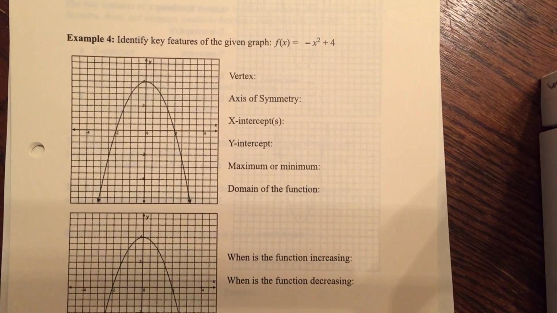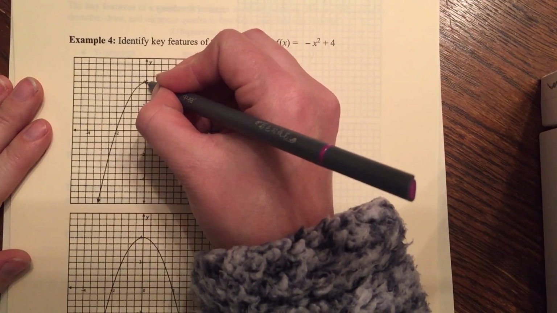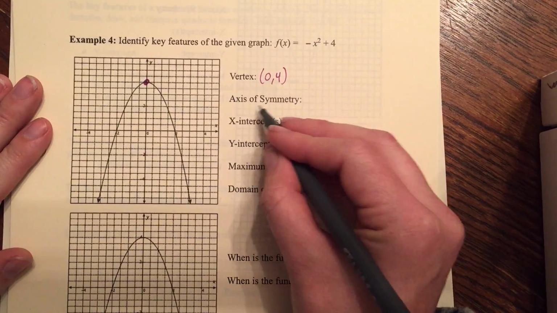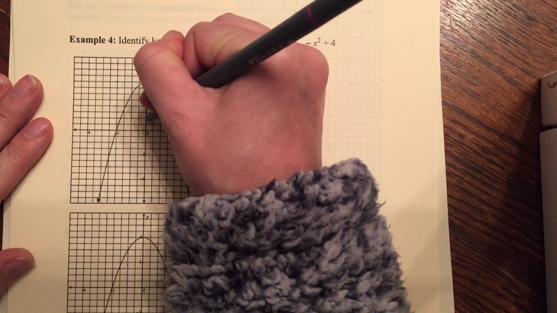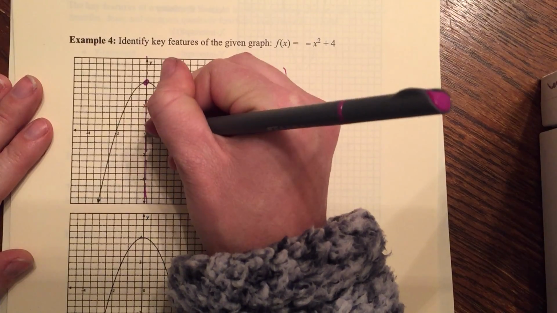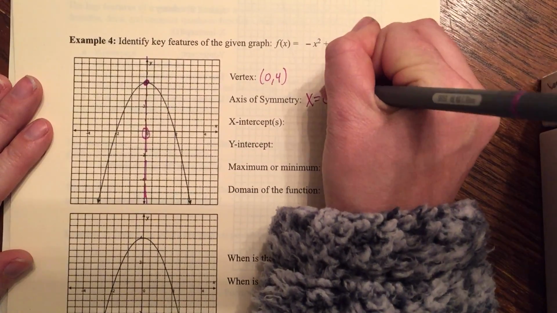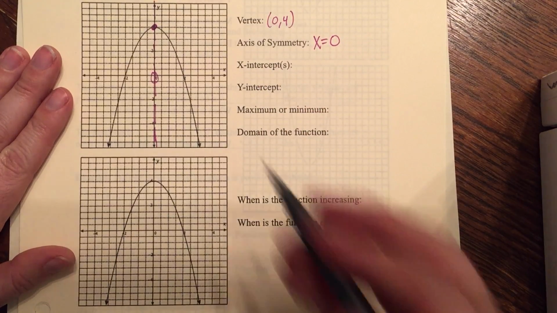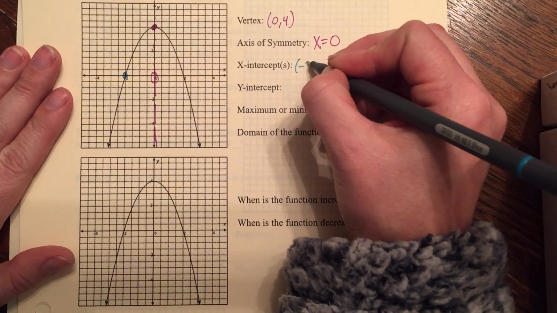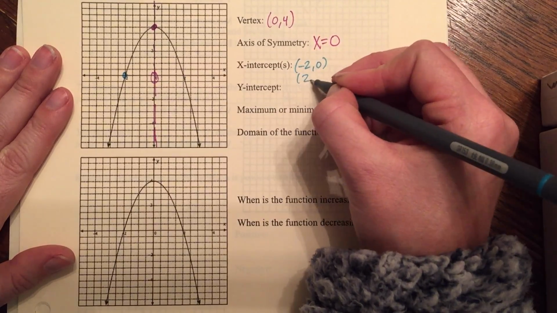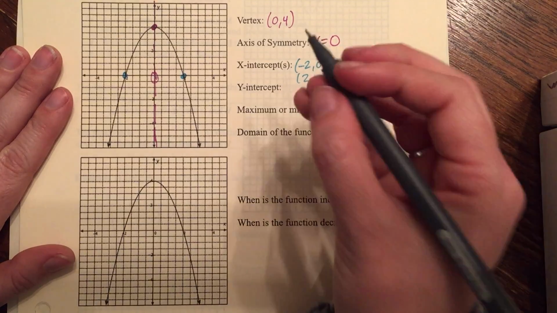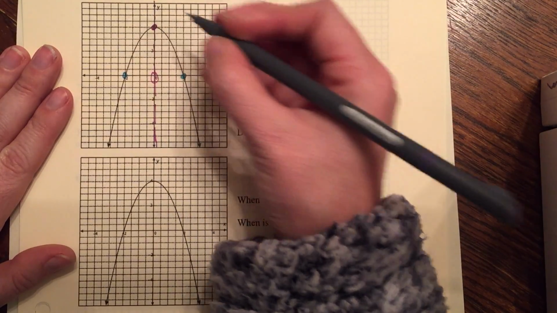Example 4. Vertex: 0, positive 4. Axis of symmetry is that line that cuts it right down the middle, and it hits the x-axis at 0. X-intercepts: negative 2, 0, and positive 2, 0. Y-intercept is 0, up 4.